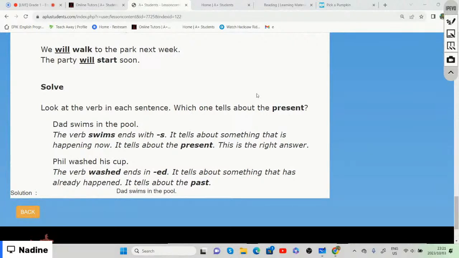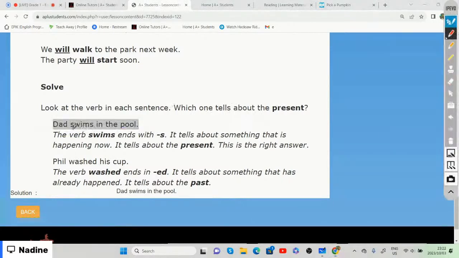So is it dad swims in the pool or Phil washed his cup? If we need to say which one tells us about the present, we're going to say it is dad swims in the pool. And remember we said that if we add an S to our verb, it shows the action that is ongoing, it tells us about something that is happening right now, and that is the present.